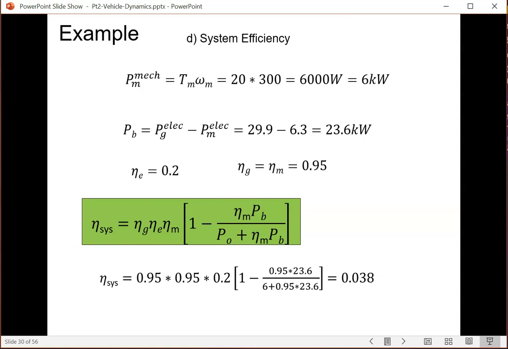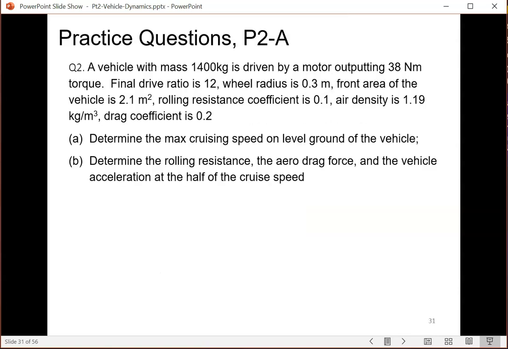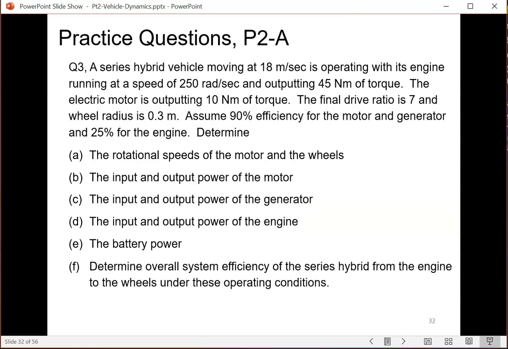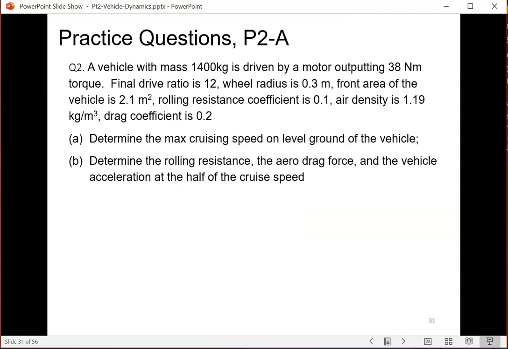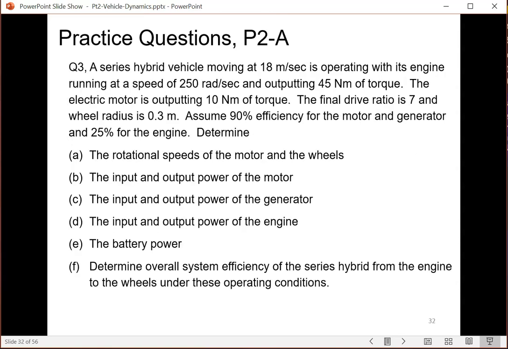So that's my example, and I think I set two examples. That's still part of the practical questions. That's P2A, but the previous one I gave you was question 1, and over here we have question 2 and question 3.